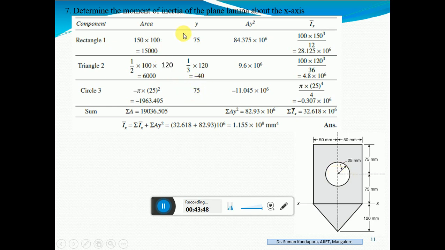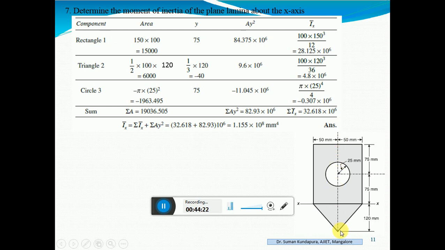Then find out area into y, area into y squared. And Ix bar: this figure is symmetrical about the y axis, and moreover they have asked only about the moment of inertia about the x axis, so that is why I am considering only Ix bar. However, if Iy bar was asked, since this is symmetrical about the y axis, there is no need of considering any other axis as reference axis.